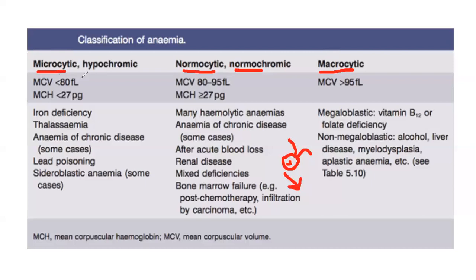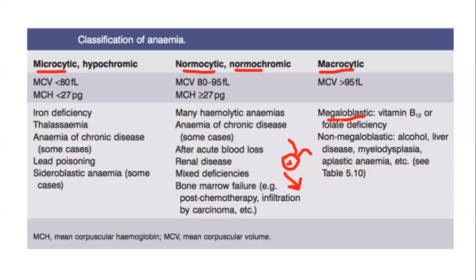Let me find it out. When the laboratory technician sees that the MCV is more than 95 and the patient has anemia, they can easily say what kind of anemia. So it is macrocytic. Maybe the cause is megaloblastic anemia.